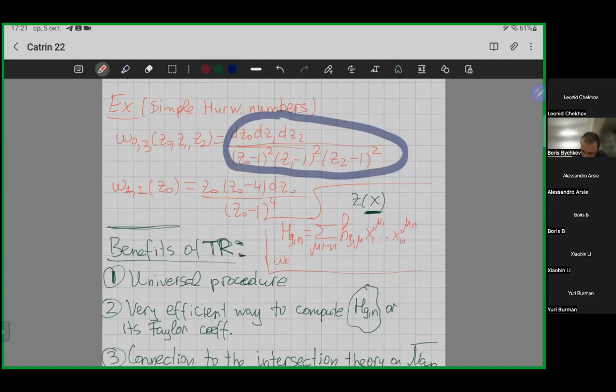And this omega_{g,n} is like some sum of H_{g,mu} mu_1, etc., mu_n x_1 to the power mu_n minus 1 dx_1, etc., dx_n.